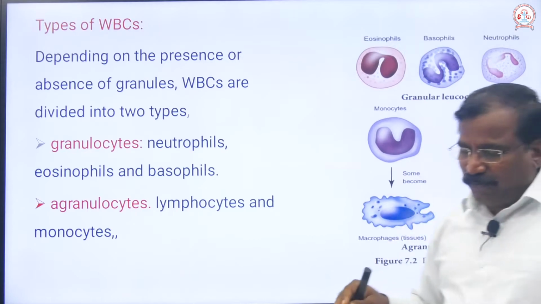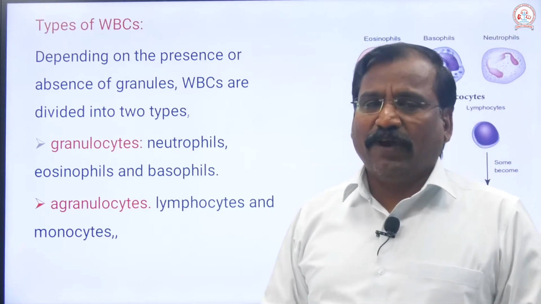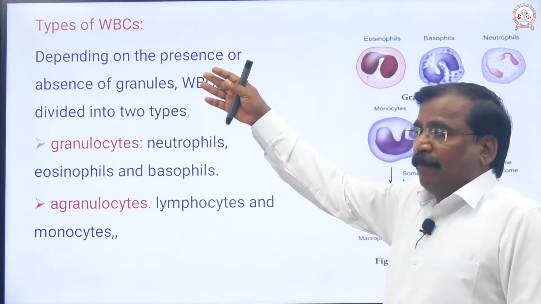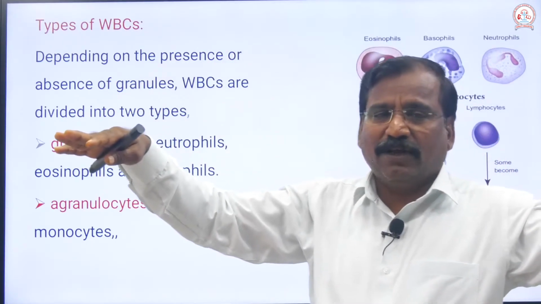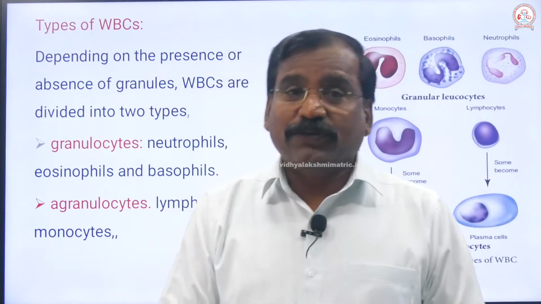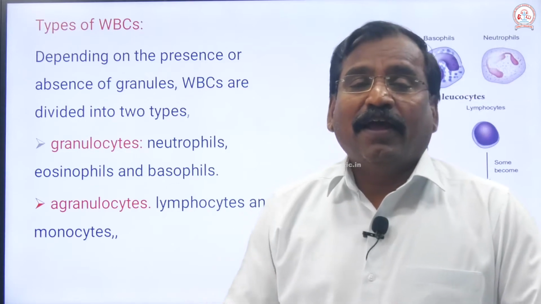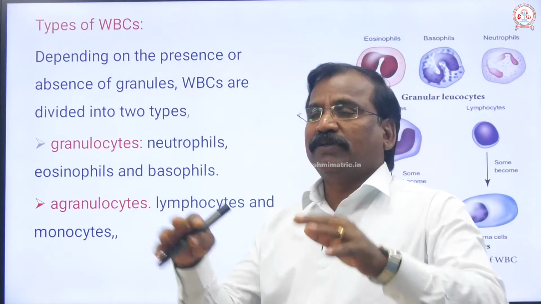And the types, this is very important, a 5 marks question, 2 marks, 3 marks or MCQ. In your lower classes you might have studied WBC as the police force that protects the body from invading microbes. That much I have studied.